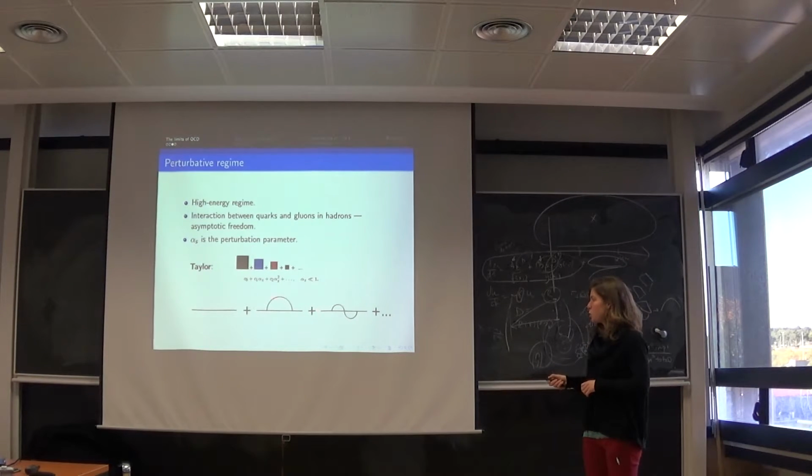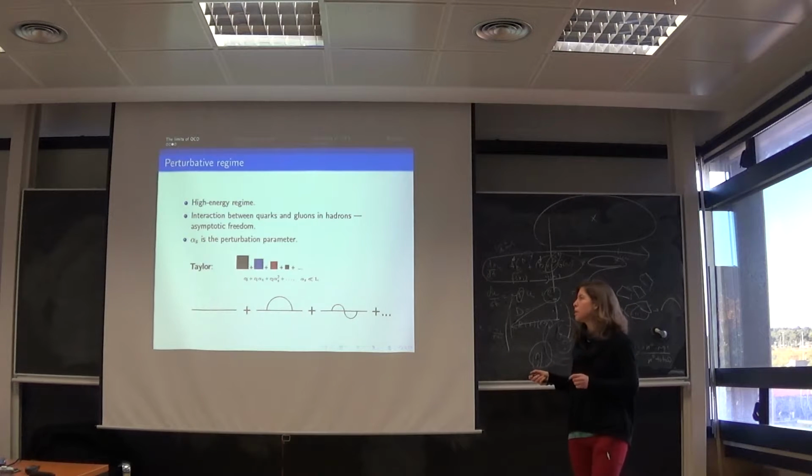In this diagram we already have alpha s squared, and here we already have alpha s cubed. So it's more or less like a Taylor development, where the first diagram is constant, and then the second diagram is already quadratic in the expansion parameter.